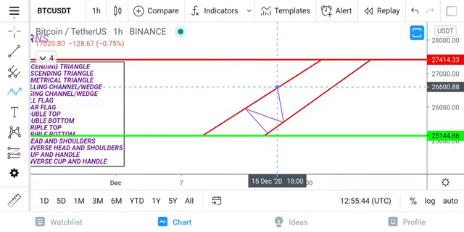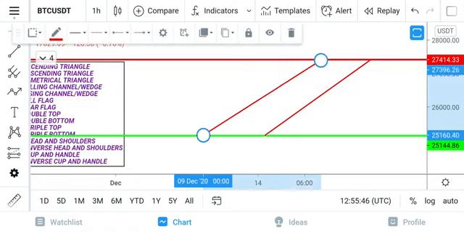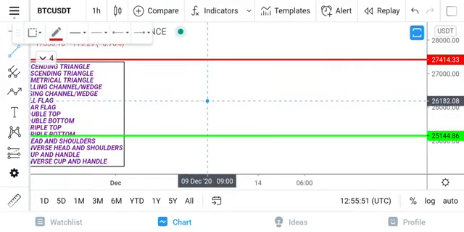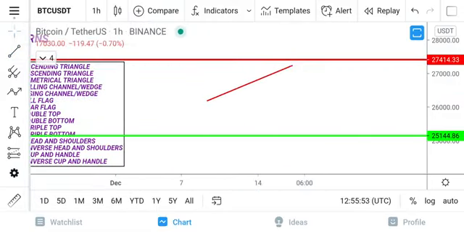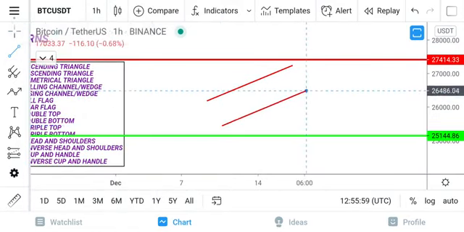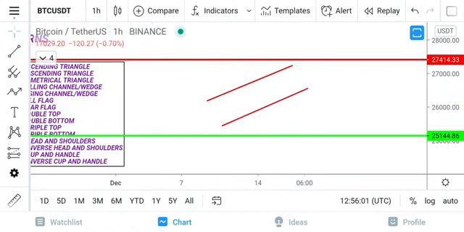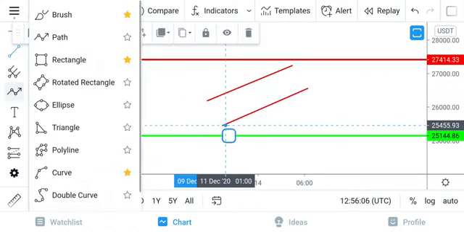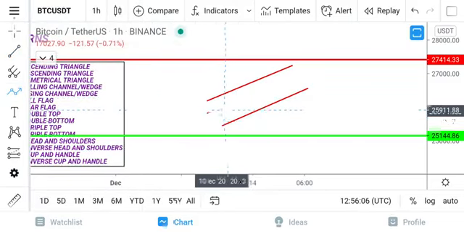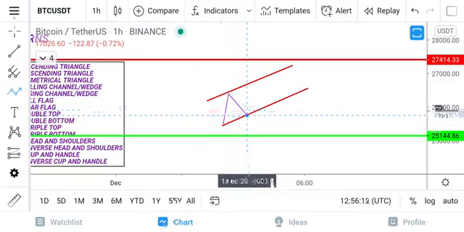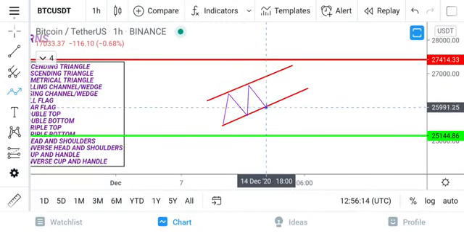Well, I don't think I drew this channel very well. This rising channel, this is how it looks like, and the price is going to be moving within the channel. So it is a bearish reversal chart pattern.